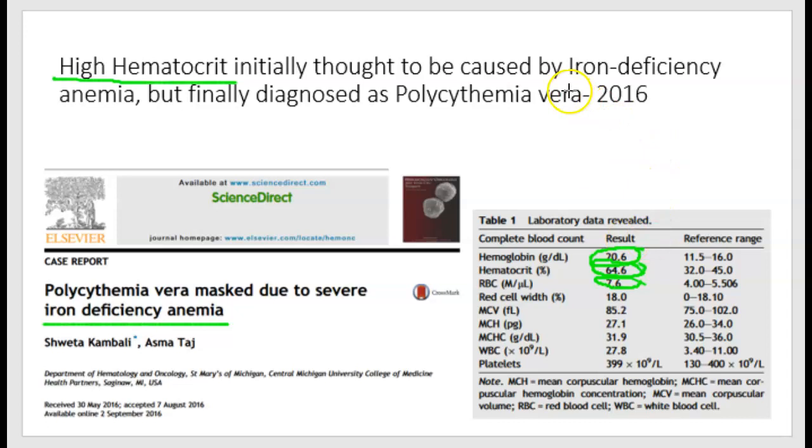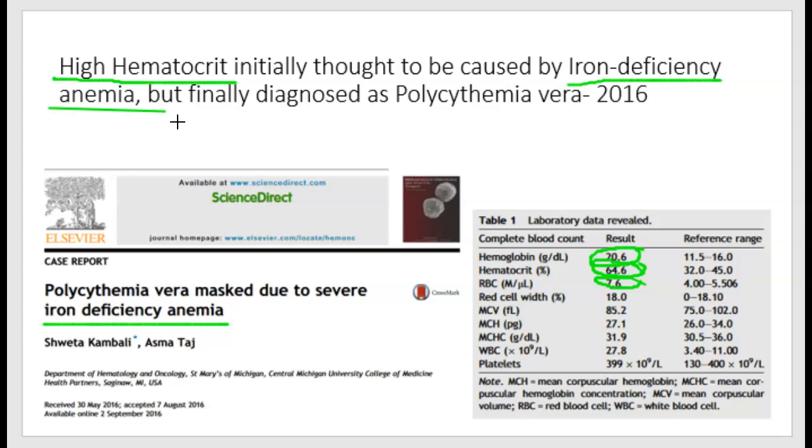So they thought originally it was iron deficiency anemia, because that's what would happen with iron deficiency anemia. If the hemoglobin doesn't have iron, the iron can't bind oxygen, and if you don't have oxygen, erythropoiesis is stimulated, and so you get all these high red blood cell counts.